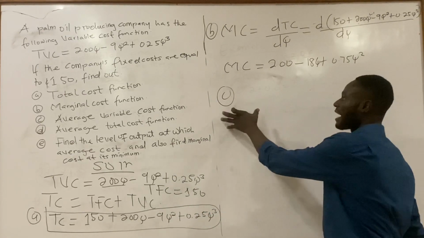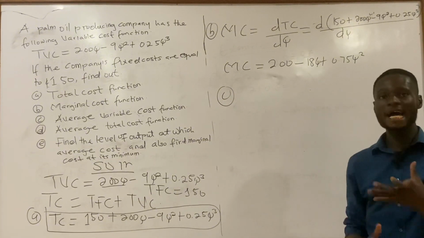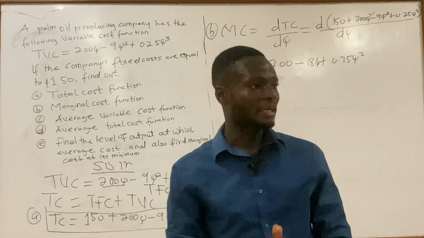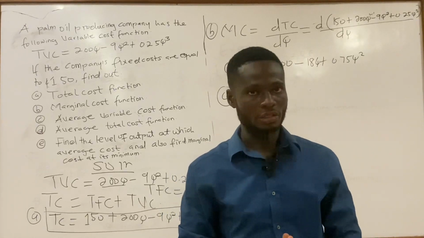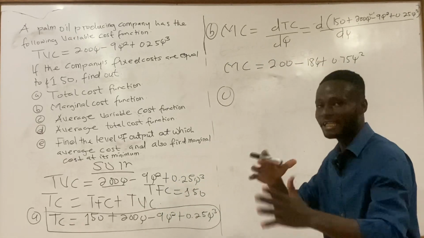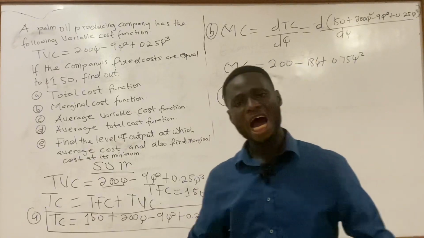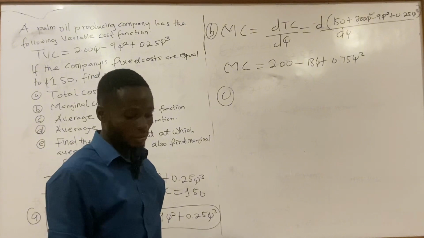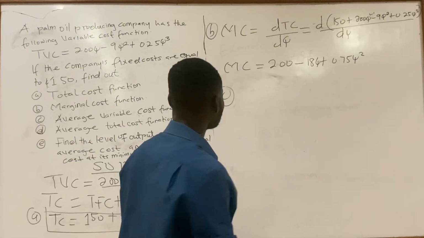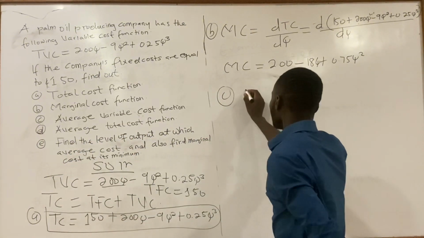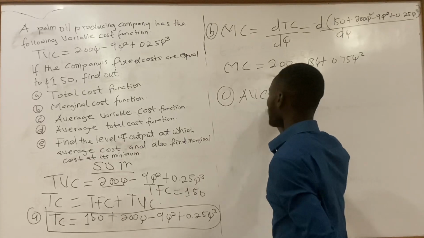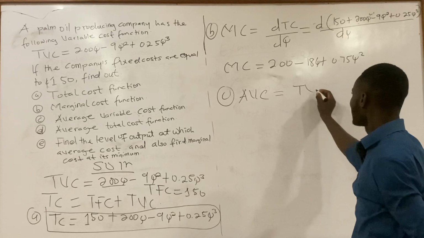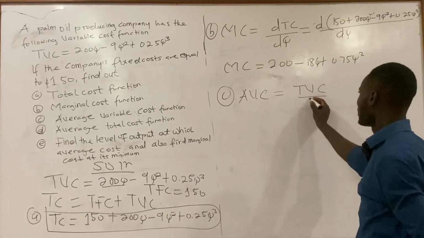So to get the average variable cost, we just divide by the quantity, and then we obtain our average variable cost function. So the average variable cost function is equal to TVC over Q.